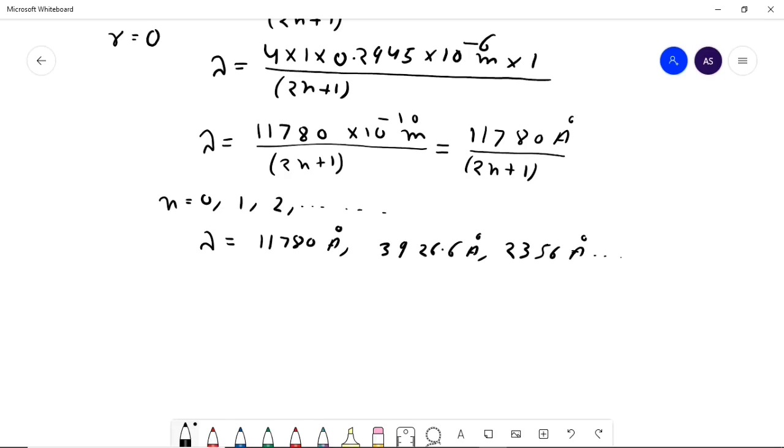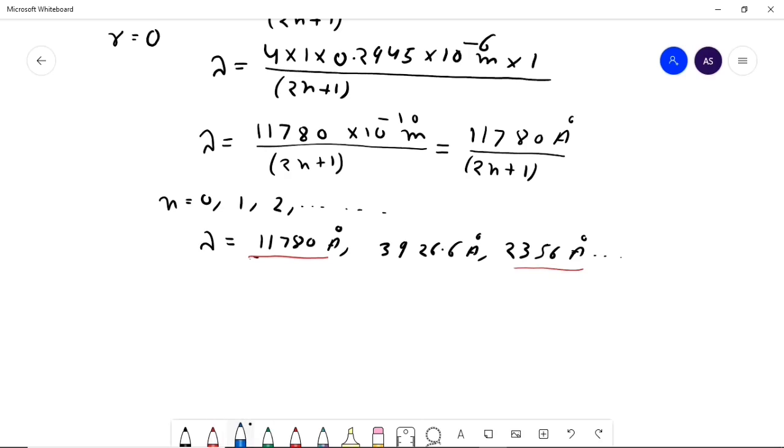You can see here, out of these wavelengths, the first and the third are out of the visible range.